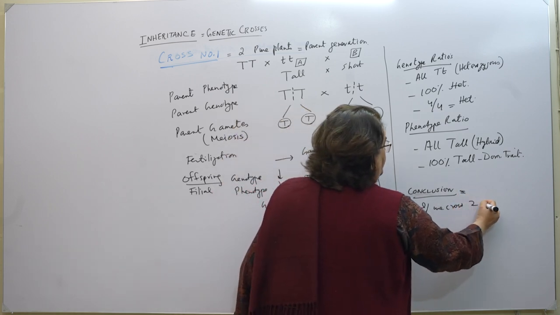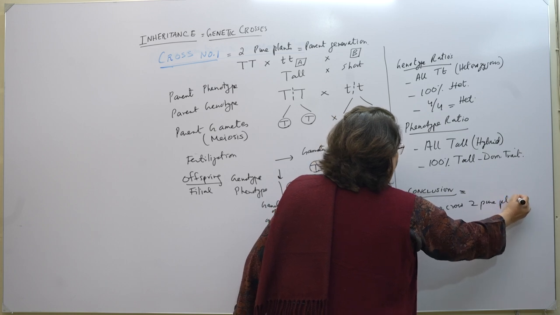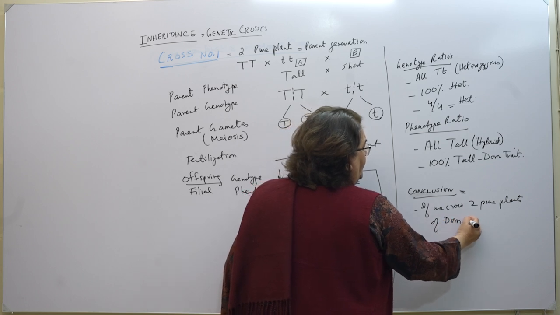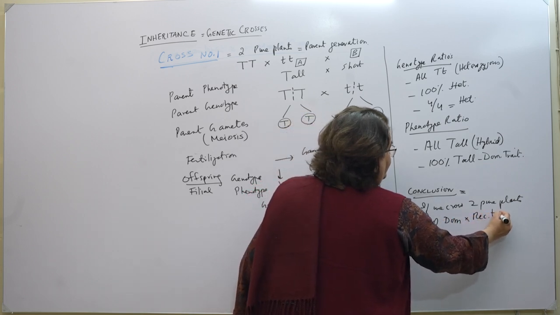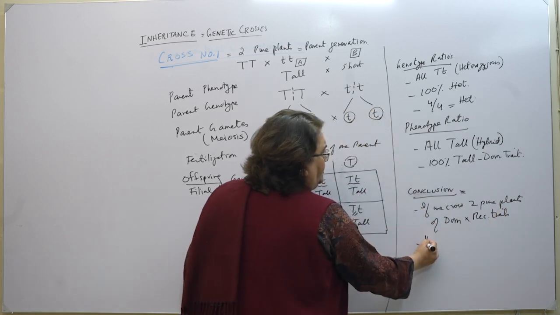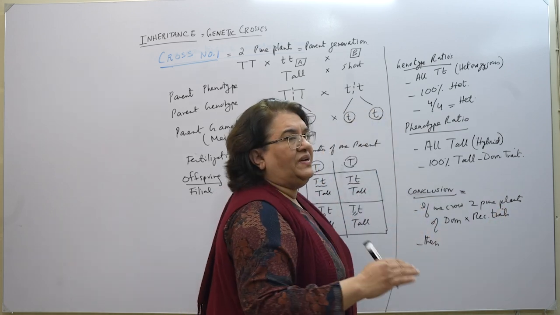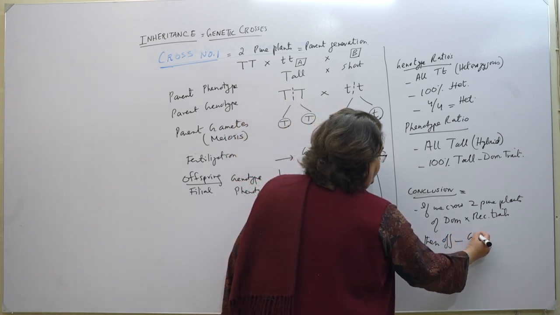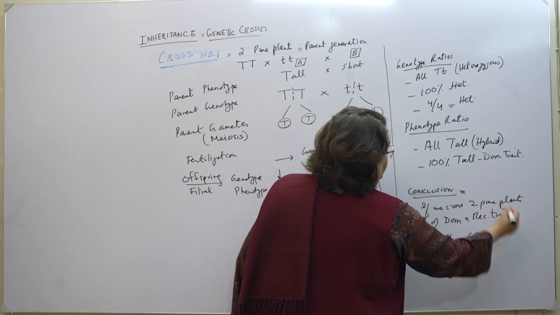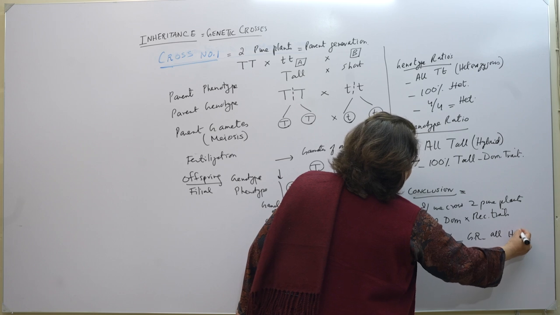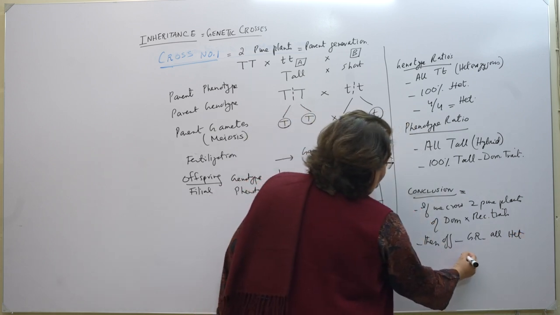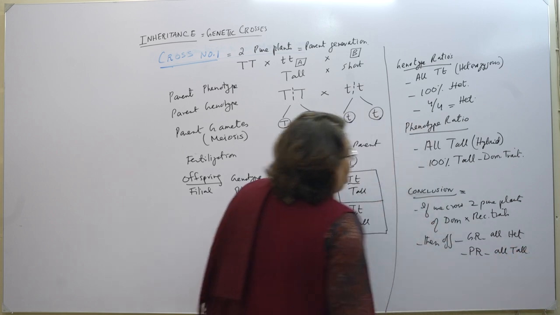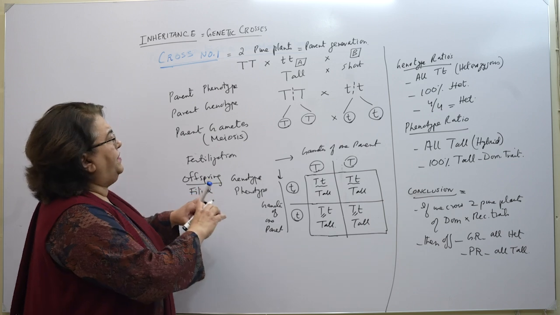If we cross two pure organisms, one showing the dominant and the other the recessive trait, then you might say F1, or you can say the word offspring. Then the offspring will show a genotype ratio of all being heterozygous, and a phenotype ratio of all being tall. Alright, so that concludes our cross number 1.